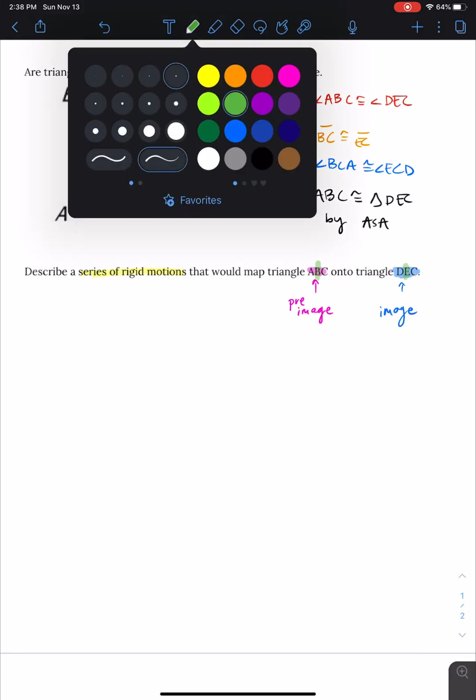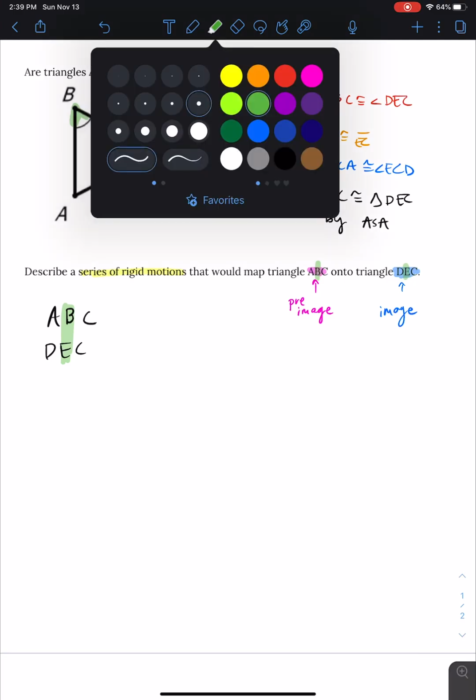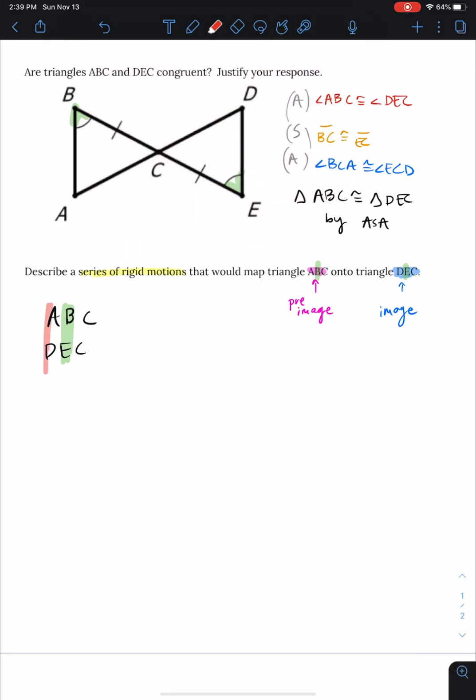We can also see this because B and E are in the same position in that triangle congruence statement. So if we want to map ABC onto DEC, we can see here that B has to map onto E, A to map onto D, and C is going to map onto itself. So angle C is going to map onto angle C here.